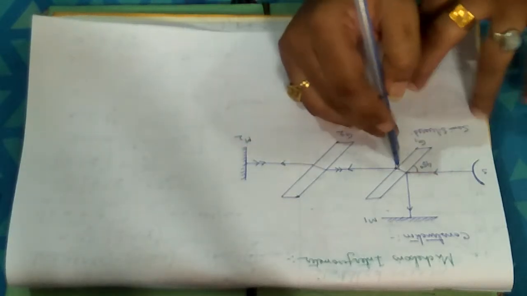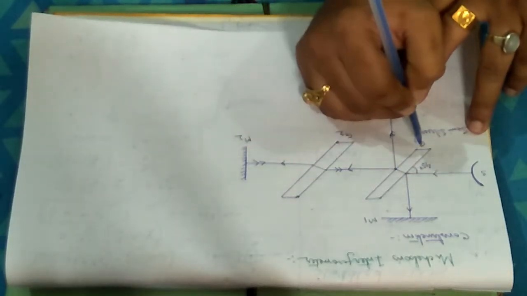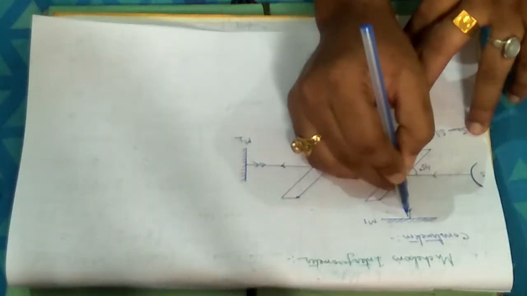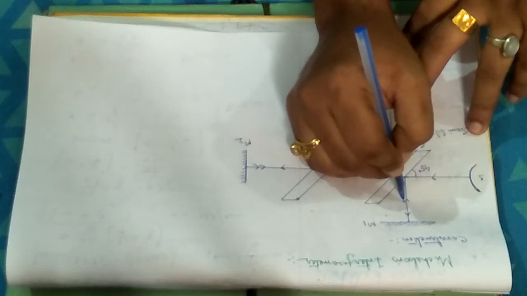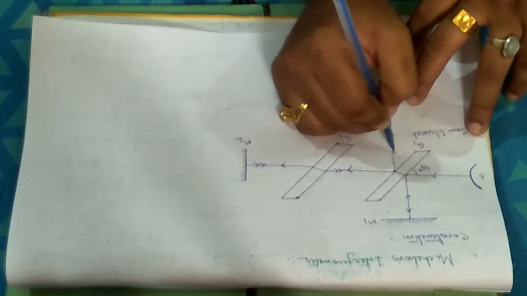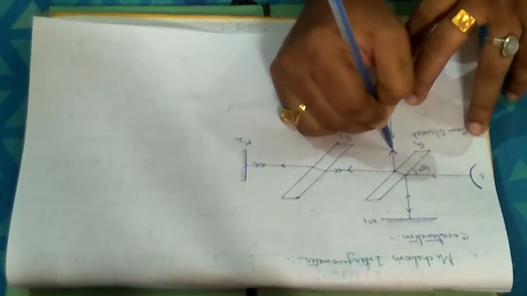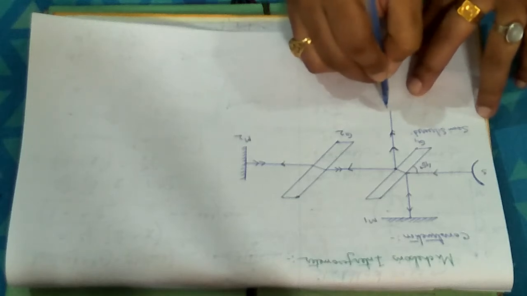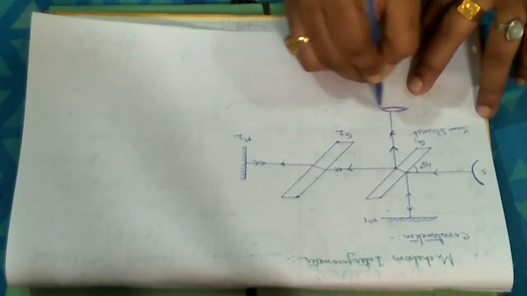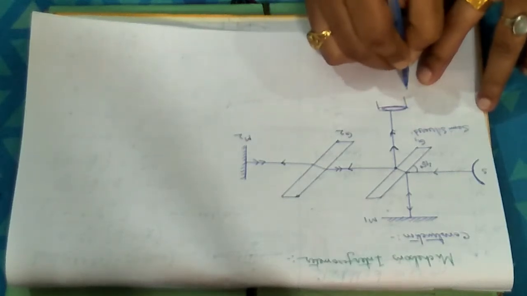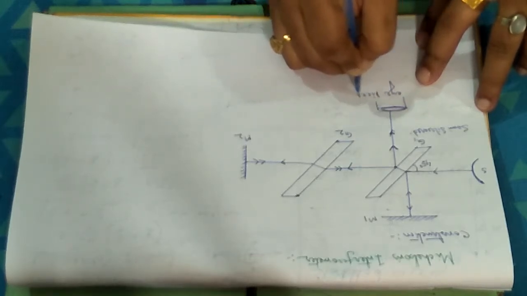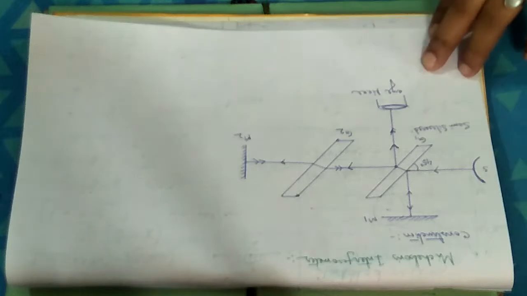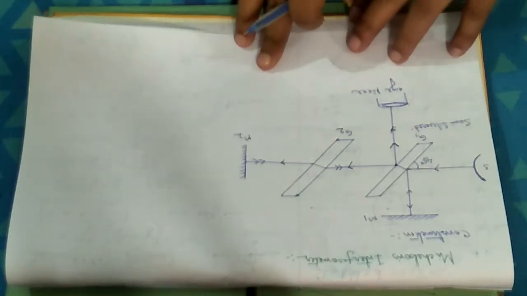Now consider the light which is being reflected from the glass plate G1. This is going vertically upwards, again suffering reflection from M1, it will come vertically downwards. It will also come in this same line vertically downwards. Now if you place here one eyepiece, on this eyepiece interference fringes will be formed.